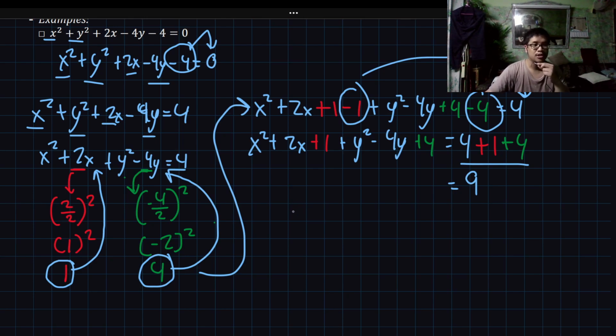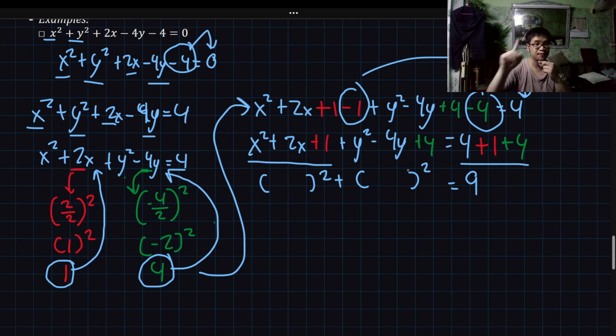Here's the thing. The technique here is first you put the parentheses that are squared. So here we will have a squared parenthesis for x, and the same thing for the y, a squared parenthesis. That's the first step of the technique.